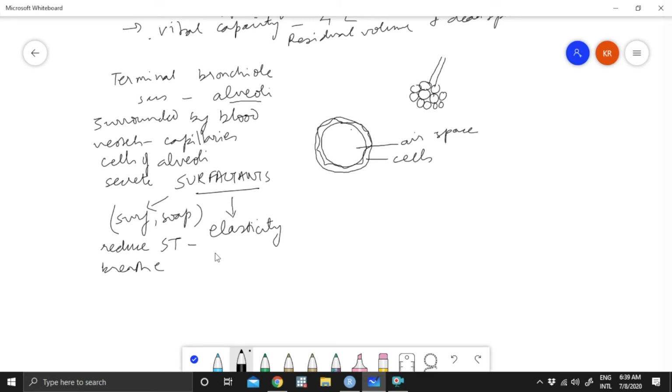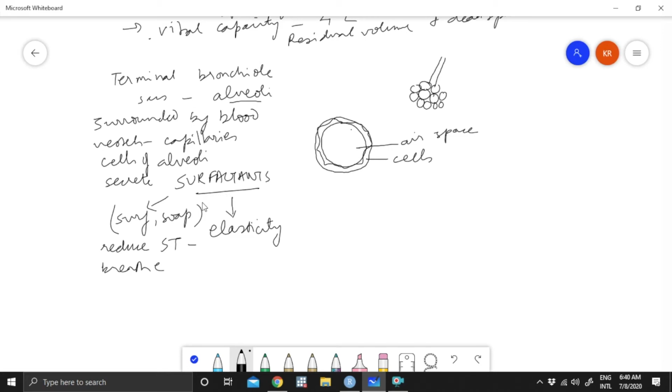I just want to mention that during the SARS-CoV-2 infection or the COVID-19 infection, one of the symptoms that takes place is that the virus is able to destroy the cells that produce surfactants, and that's why it becomes so difficult for the person to expire.